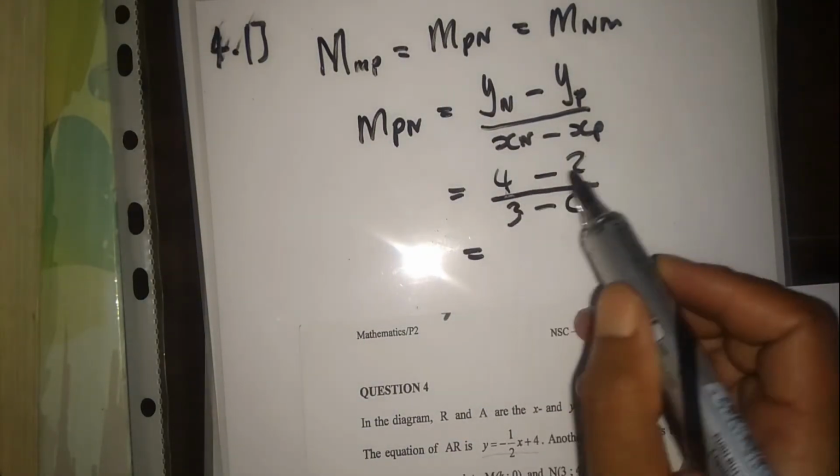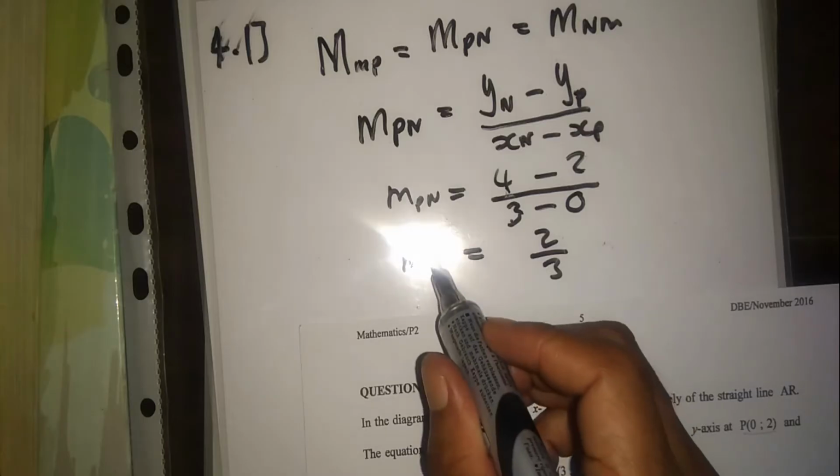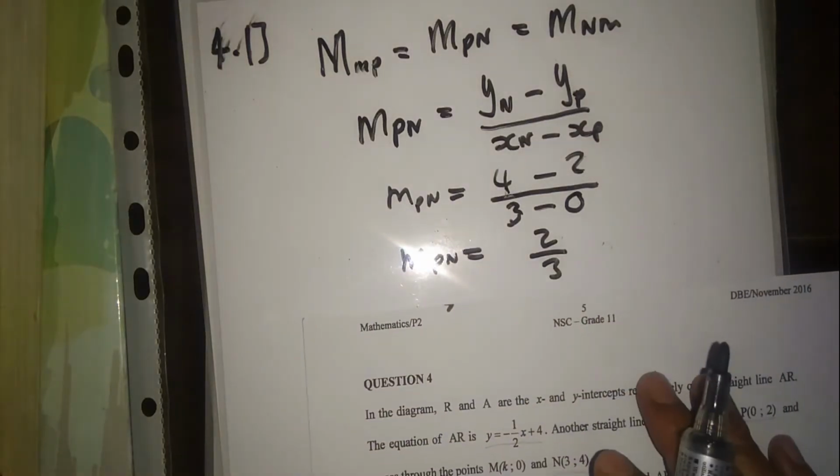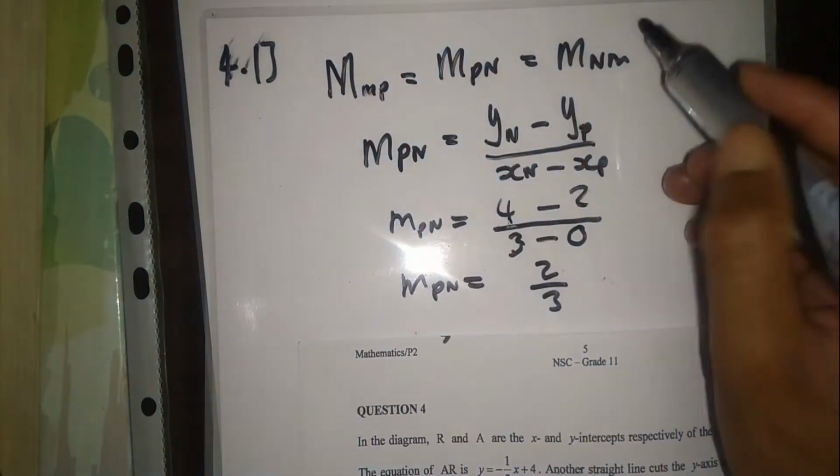So it is 4 minus 2, which is 2, over 3 minus 0, which is 3. So this is our gradient.